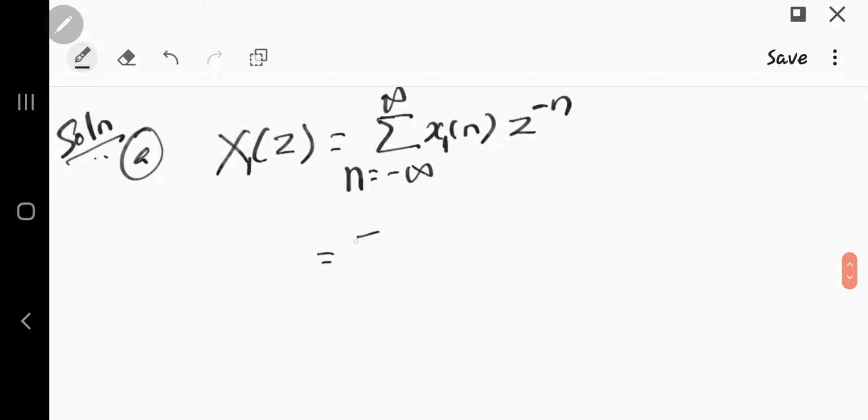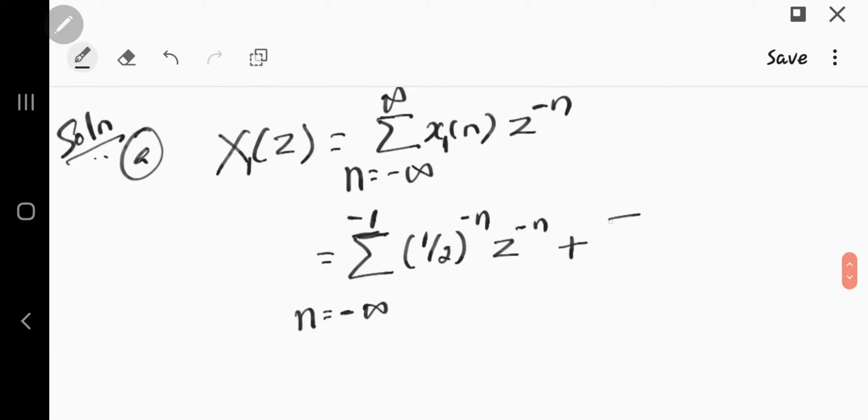So that allows us to take the limit as n is equal to minus infinity to minus 1. This is the negative part of n, which will be 1 by 2 to the power of minus n z to the power of minus n, plus n is equal to 0 to infinity 1 by 3 to the power of n z to the power of minus n.